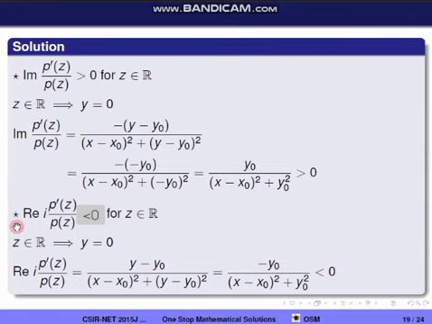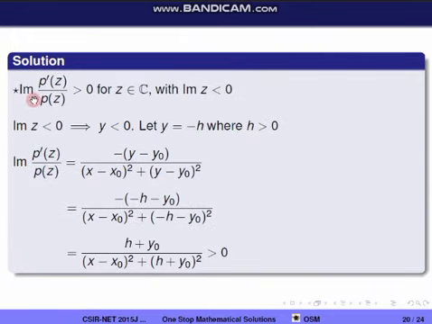So option 2 is correct. Now we'll check the third option. Imaginary P dash of Z by P of Z is greater than 0 for Z belongs to C with imaginary Z less than 0. So we'll check that. Imaginary Z less than 0 implies Y less than 0. So let me take Y is equal to minus H, where H is a positive quantity.